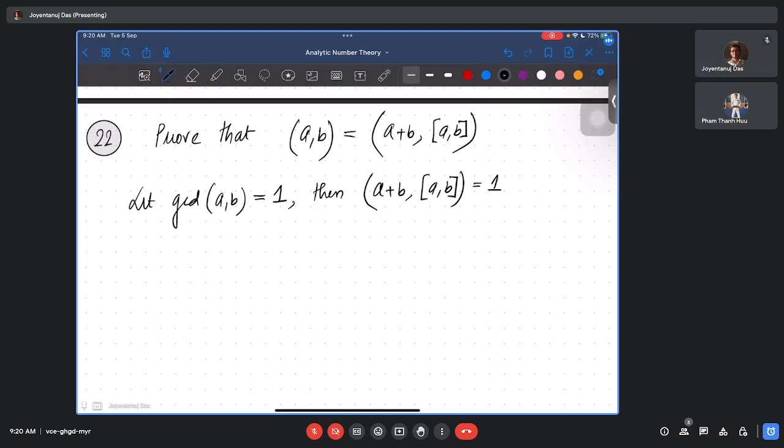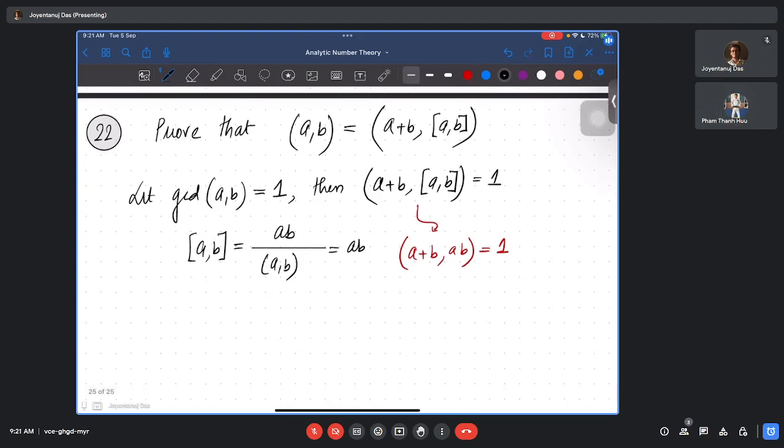Since the GCD is one, by the definition of LCM, it is AB divided by the GCD of A and B, but since it is one, it is nothing but AB. So this now changes to the GCD of A plus B and AB, and I have to show it is one.